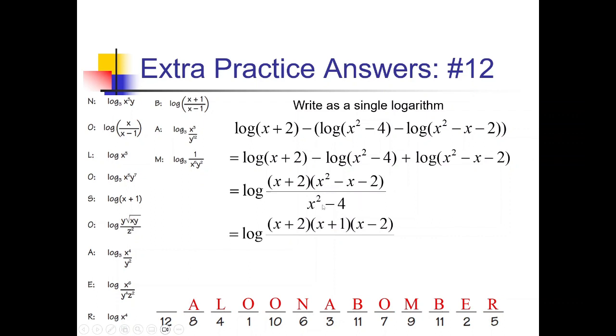So I'm going to have x plus the square root of 4, so x plus 2, and x minus 2. Does anything cancel? These x plus 2's do for sure, and then the x minus 2's as well. So all that's left at the end of this one is just log of x plus 1, which I would say is much simpler looking. And that is going to be right here, choice S, so that goes in spot 12.